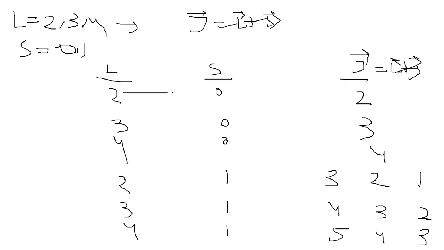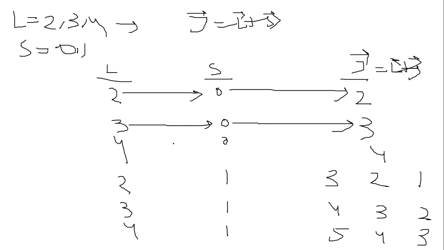So for L equal to 2 and S equal to 0, J is 2. For L equal to 3 and S equal to 0, we get J equal to 3. For L equal to 4 and S equal to 0, we get J equal to 4. But when S is non-zero, then for L equal to 2 and S equal to 1, we get 1, 2, 3.